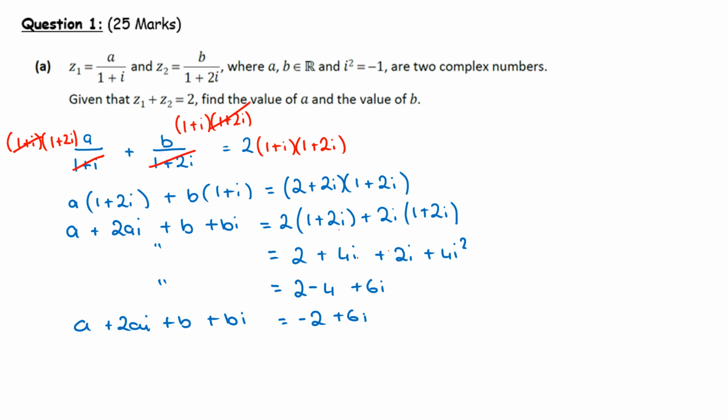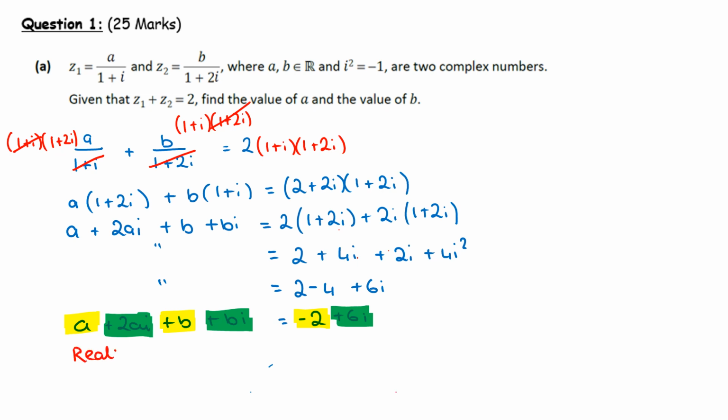So we're going to use the same method we would for identities in algebra. We equate the real numbers on the left to the real numbers on the right, and then equate the imaginary numbers on the left to the imaginary numbers on the right, and that should give us all the information we need to solve for A and B. Let's deal with the real numbers first.